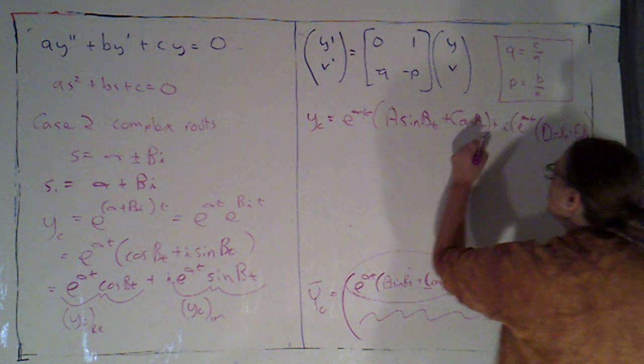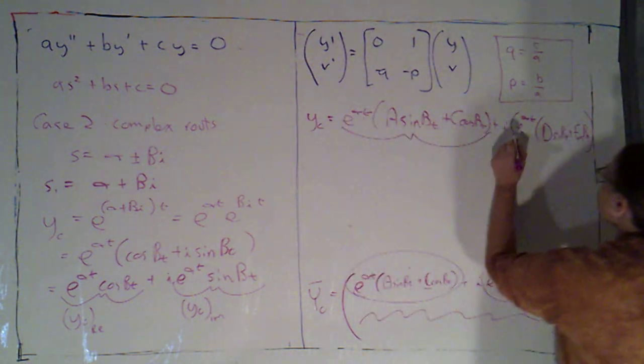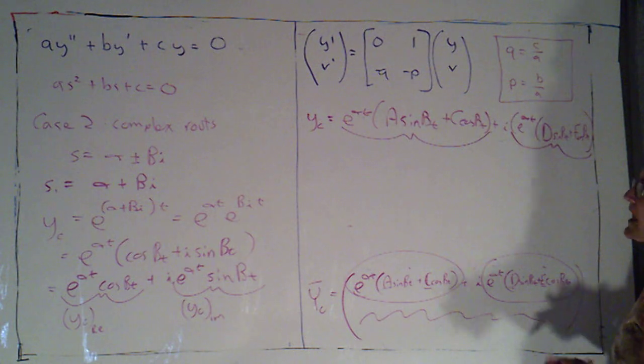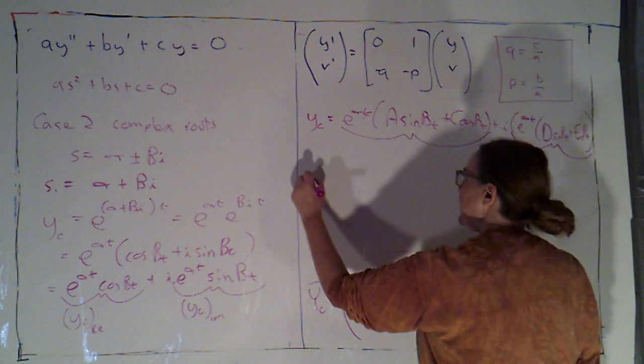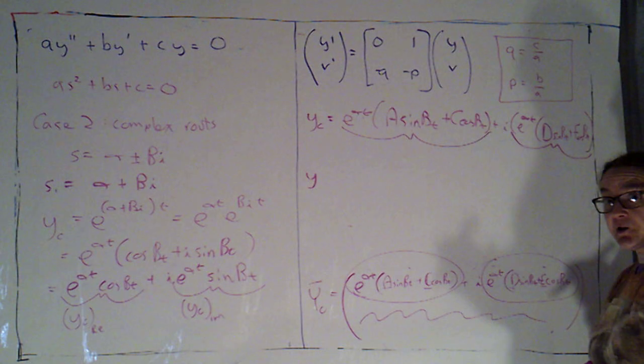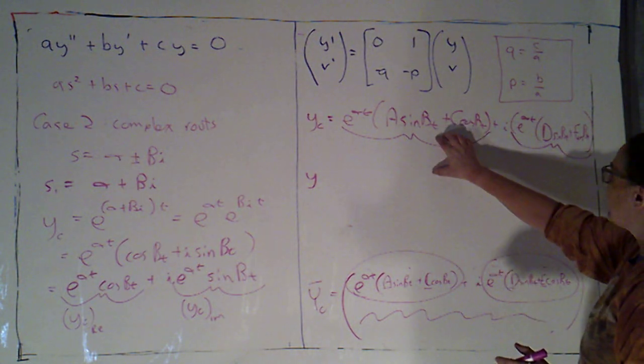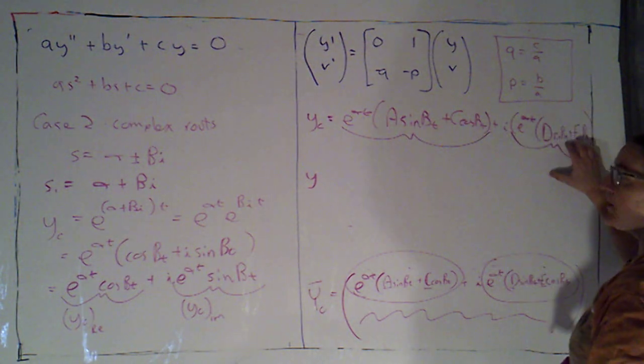But if I look at the real part of this and the imaginary part of this, which doesn't include the i's, I can then build my general real valued solution by taking some of these and some of those.